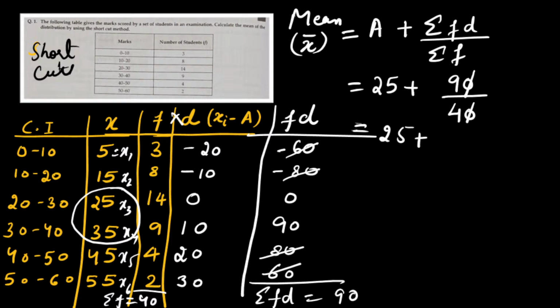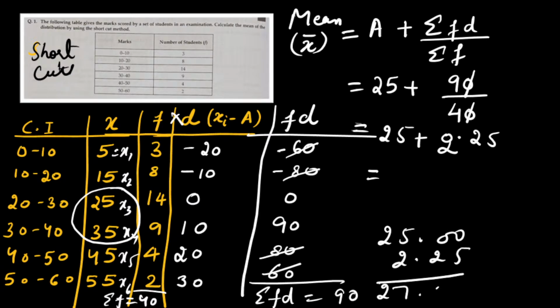When you divide 90 by 40, you will get 2.25, not 0.25. So 25 plus 2.25, the answer is 27.25.